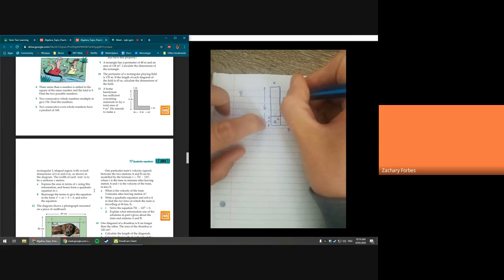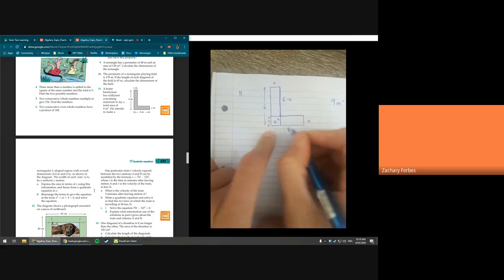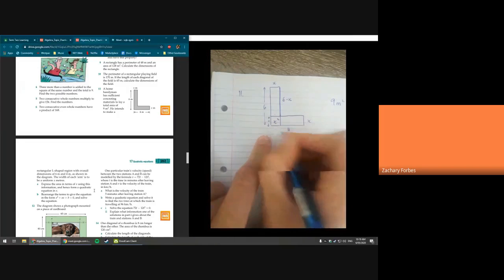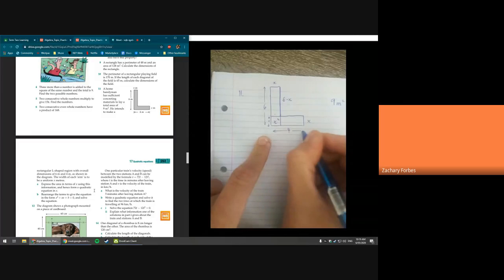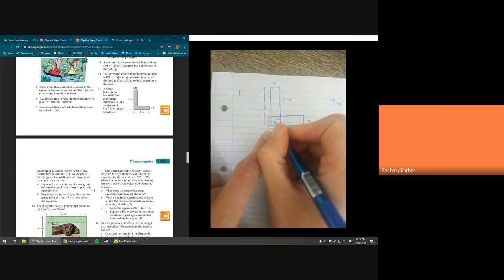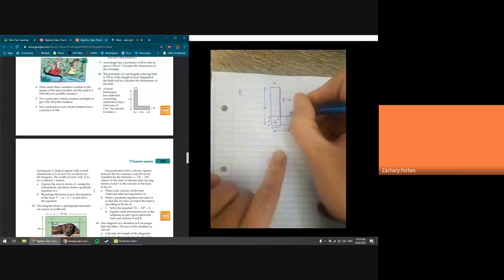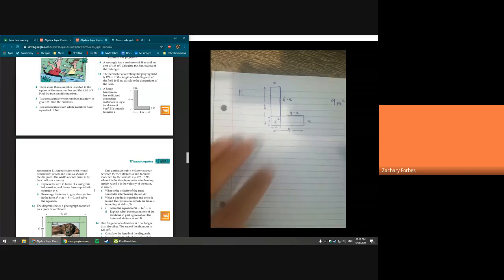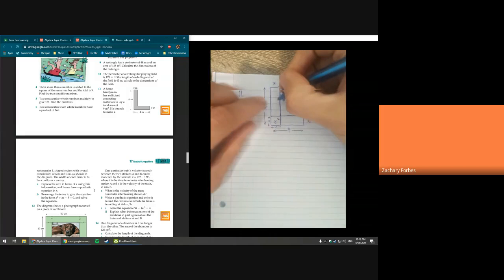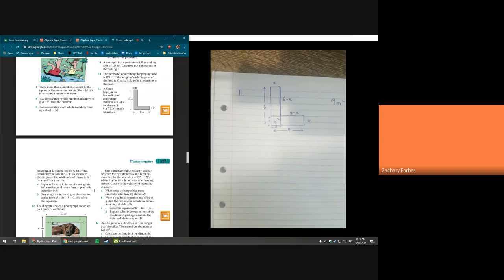And here, if the overall is 4, then this one here is going to be 4 minus x. So now we've got the length of that. So we could find out all these areas. Man, there's got to be an easier way to do that. No, not really.